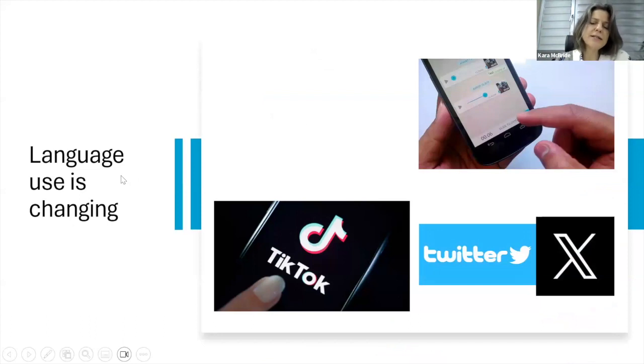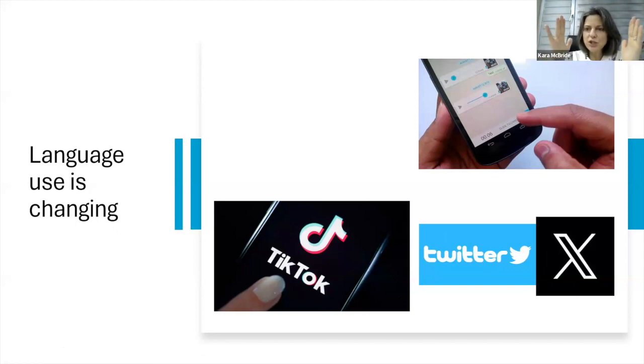Furthermore, speaking of distractions, some of our biggest distractions these days are technology related. And technology has really changed the way that we use language. In the last 10, 20, 30 years, there've been a lot of substantial changes to how we use language, starting with Twitter.